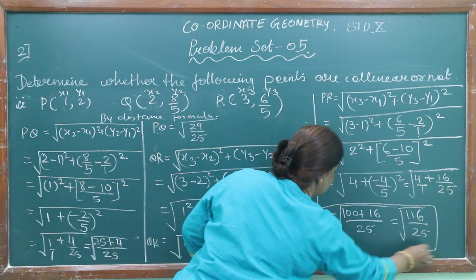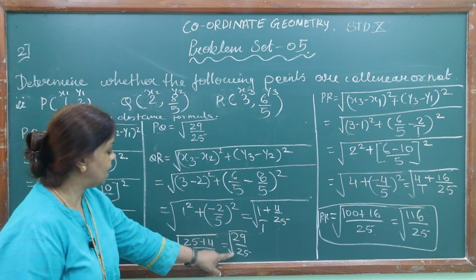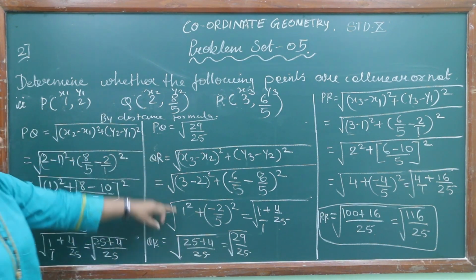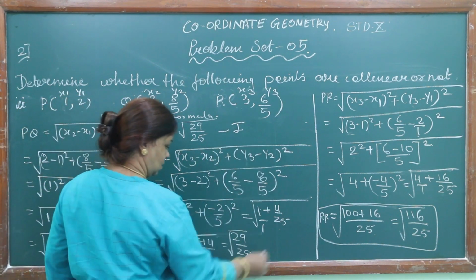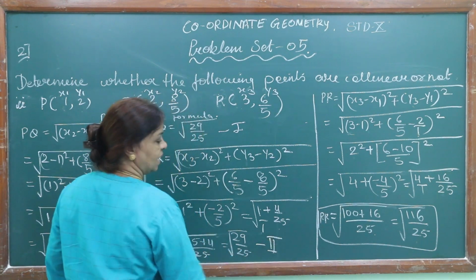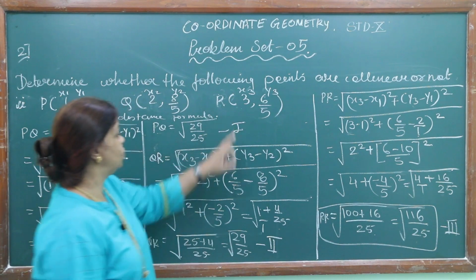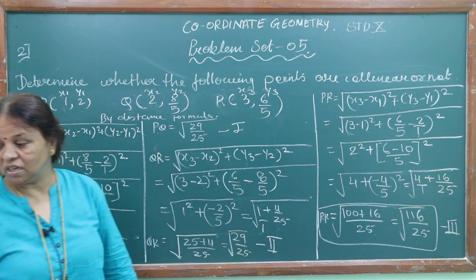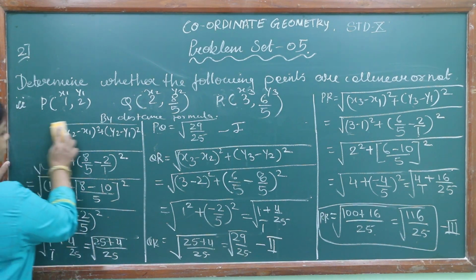PR is the largest distance, children: 116 upon 25, and QR is 29 upon 25, and PQ is also 29 upon 25. So by comparing, this is 1, this is 2, and this is 3. Let us add these two distances and see whether we get the third distance or not.